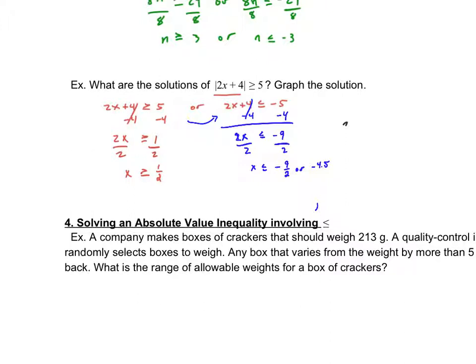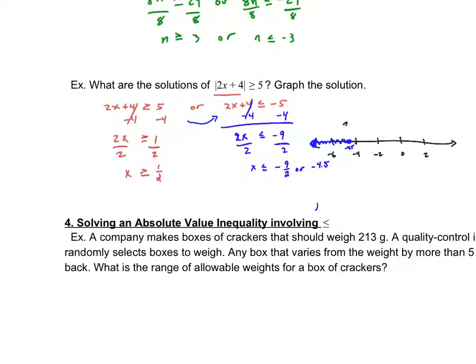As we go to put that on a number line, we know that x is less than or equal to negative 4.5, so that puts me halfway between negative 4 and negative 5. Negative 4.5 is included, so it's a closed circle, and less than or equal to moves me toward negative infinity.